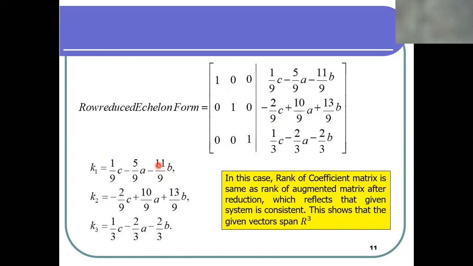So dear student, this clearly shows that the three vectors given in the subset of vector space R3 span the vector space R3.